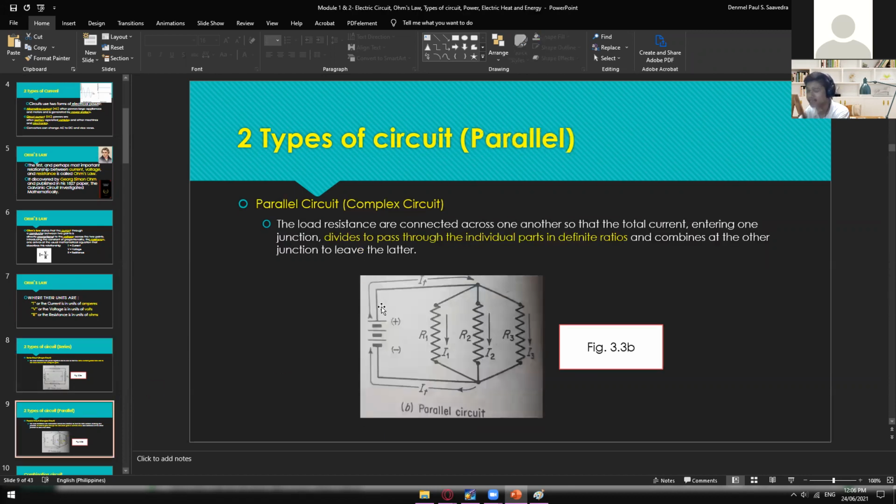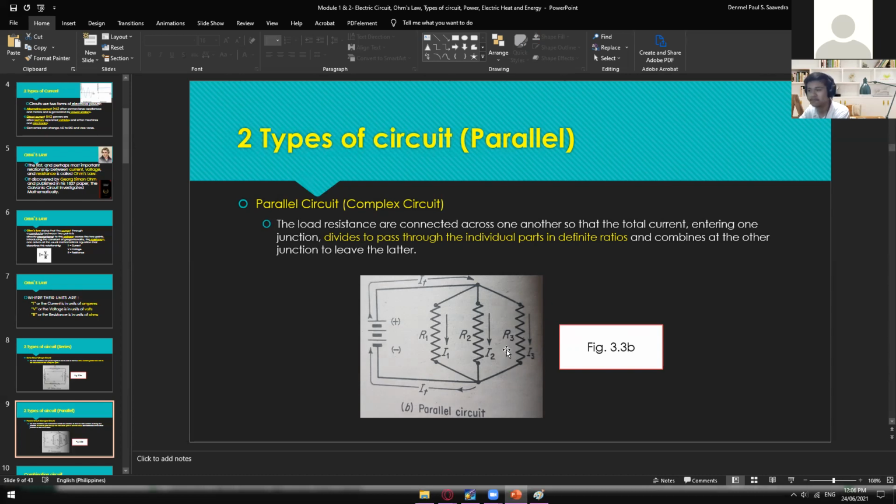But for the parallel, okay, so as you guys can see right here, initially we still have one current, but it will be divided into three, okay, upon reaching this node right here. So some currents will flow on the R1, we call that one I1. Some currents will flow on the R2, we call that one I2. And then some currents will flow on the R3, and then we call that one I3. So if this happened, we call that one parallel circuit already.